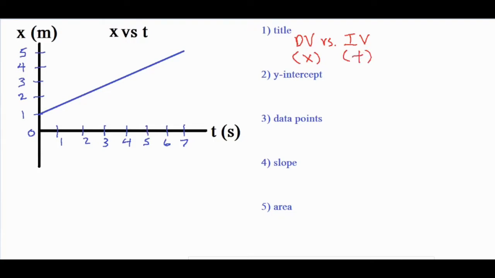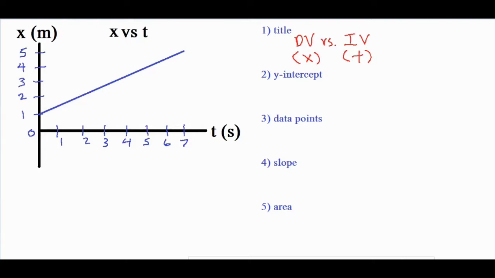If you know what independent and dependent variables are, you basically know the entire setup of the experiment, or how the data was collected. It means they were controlling time and letting it grow by, we'll say, maybe 1 second at a time, and then measuring the distance that it traveled, or the position of where it was at every second that the object moved along.